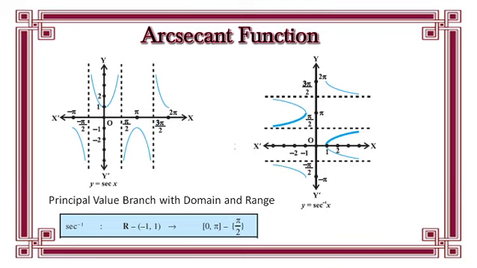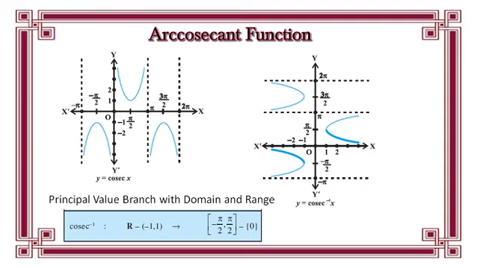Now sec inverse x, the domain is all the real numbers minus the open interval -1 to 1 and the range is 0 to pi in the closed interval, 0 and pi are also included, minus pi by 2 because at pi by 2 this is not defined. So that's why we have subtracted this pi by 2 from this interval.